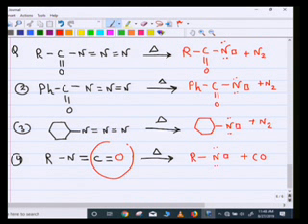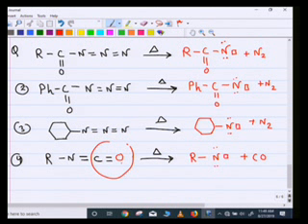Any doubt? Any query for these steps, for these questions? Any doubt? Anybody? Okay.